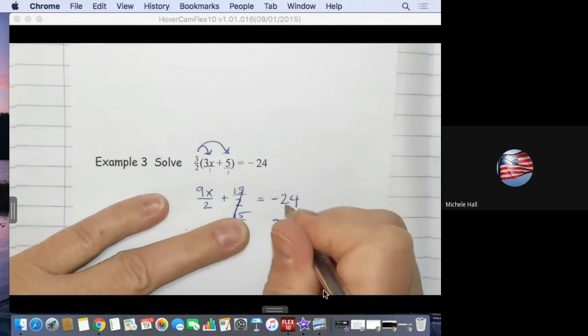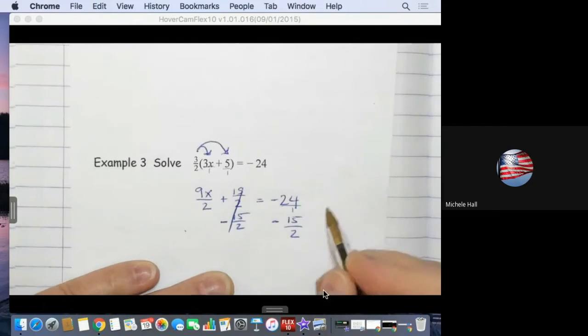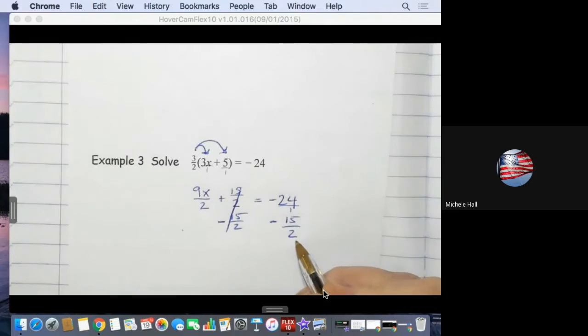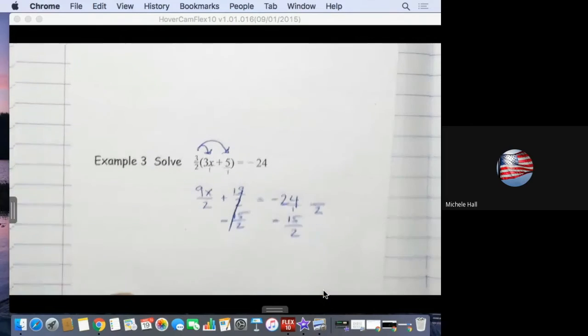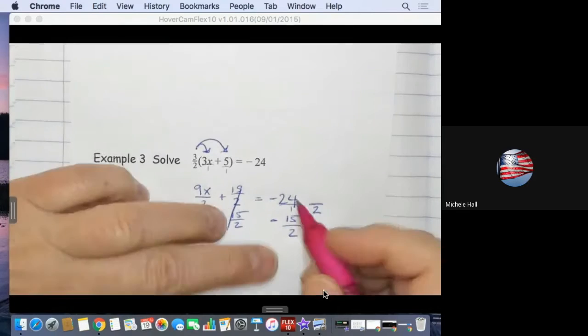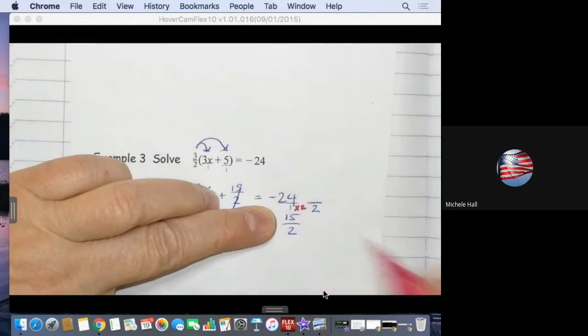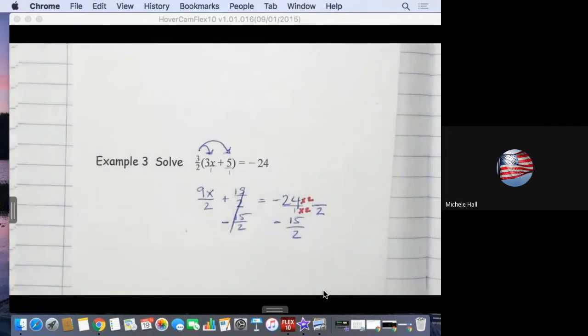If I make 24 a fraction over 1, I need a common denominator for 1 and 2. Common denominator for 1 and 2 would be 2. So I don't need to change this fraction because it already has a 2. Next to this one, I'm going to create my equivalent fraction. I did 1 times 2 to get 2, so negative 24 times 2 would be negative 48.